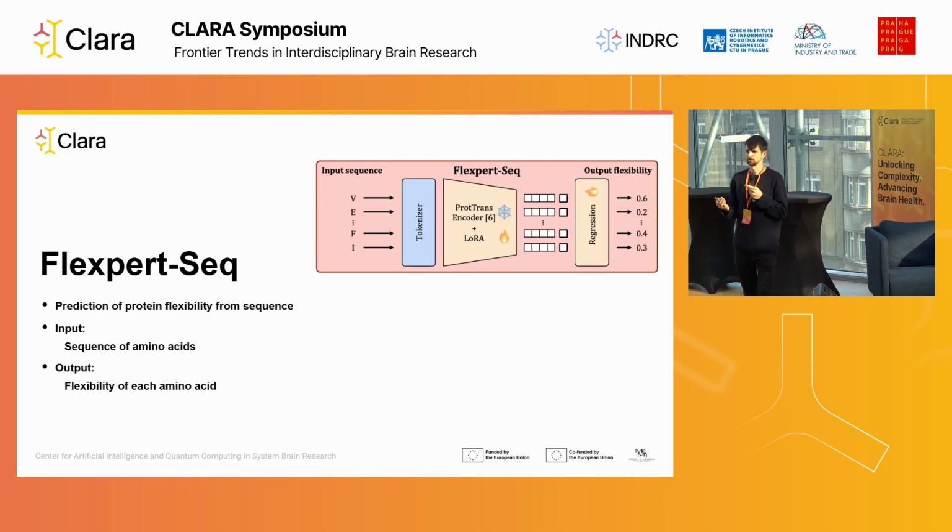That is the language model that I guess people are familiar with. But these protein language models are pre-trained on the sequences of proteins. So they know the grammar, let's say, of the proteins really well, and they are able to represent the proteins efficiently. So we start with a pre-trained protein language model, and we fine-tune it using our data on flexibility in order to get this predictor.